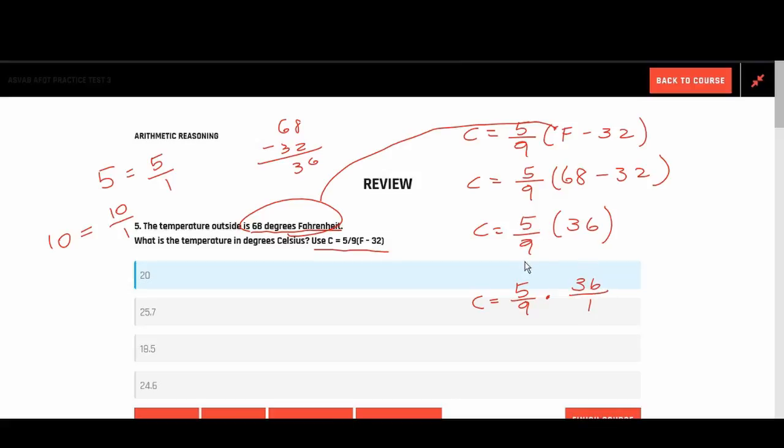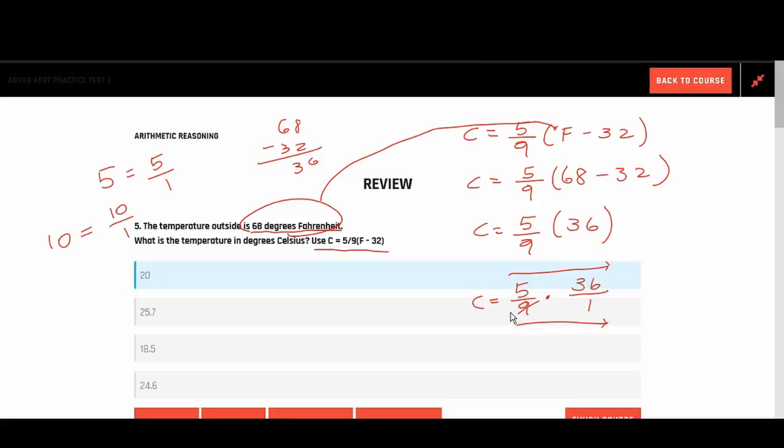So in other words, 5/9 times 36 is equivalent to 5/9 times 36 over 1. And when you multiply fractions, you multiply straight across. But 5 times 36 is a big number, and instead of doing that, I'm actually going to reduce this a little bit before I multiply.